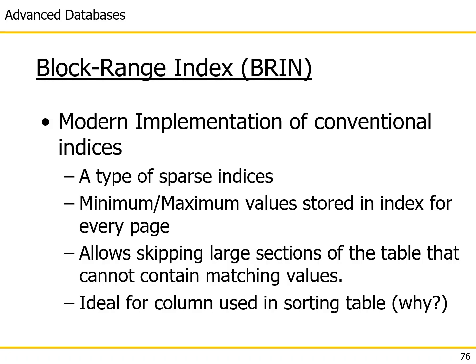So the values are already sorted. So that means when you go and create a BRIN index, the creation process will involve the following. You will load every page that belongs to this table and grab the minimum and maximum value in that specific column, and then that's it. So constructing a BRIN index on the column used to sort the table is super fast.